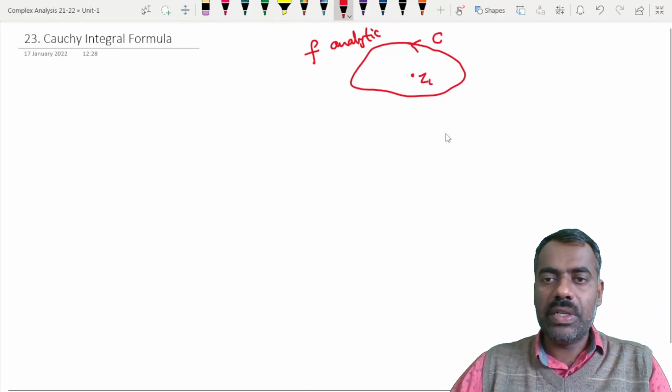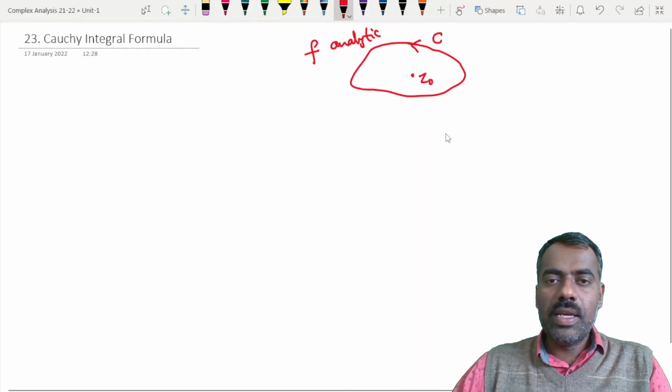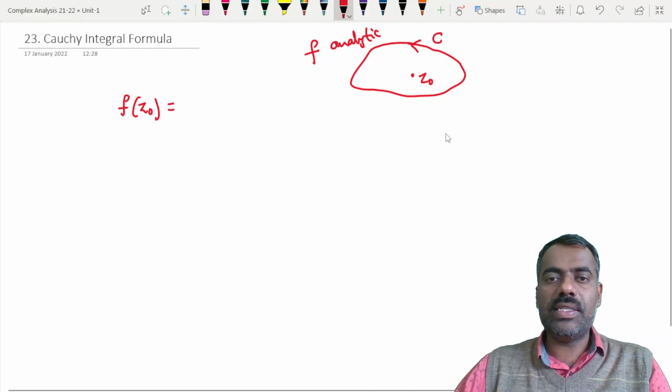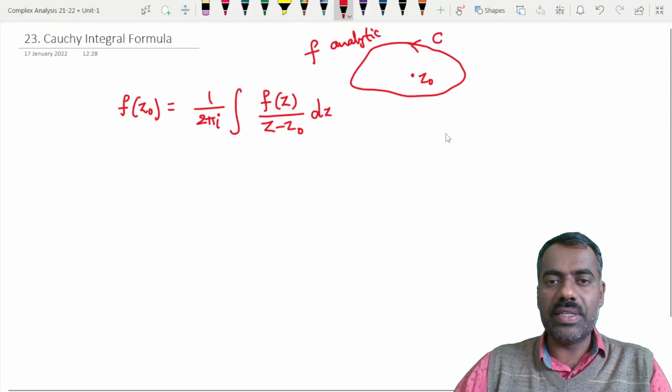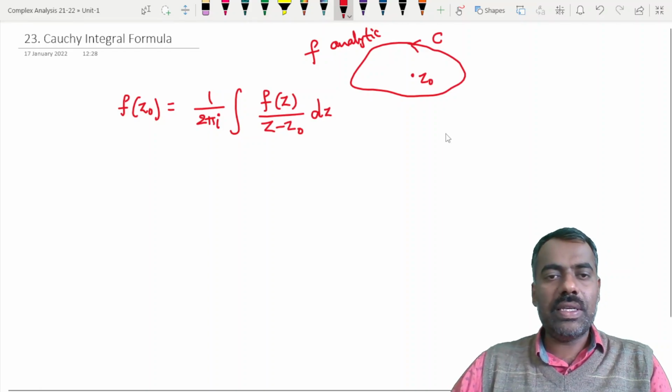If we have a point z naught which is an interior point of C, then the value of f of z naught can be calculated as 1 by 2 pi i times the integration of f of z upon z minus z naught dz.